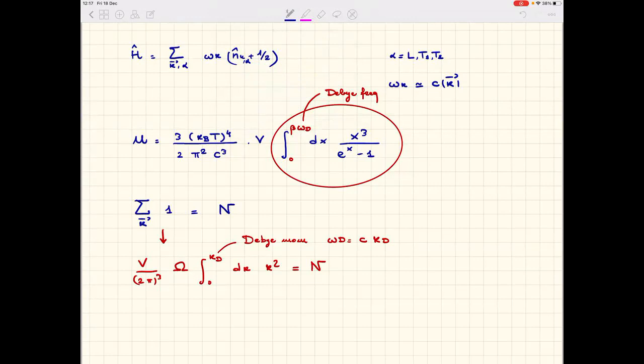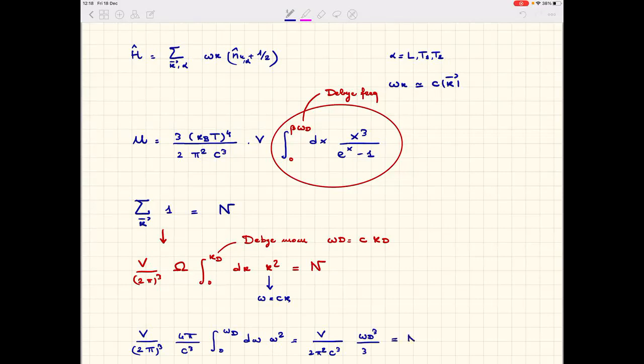I can make a change of variables and define omega as c times k, in which case this integral can be written as V over (2 pi) cubed times 4 pi over c cubed, and then the integral between 0 and omega_D of d omega omega squared, which is equal to V over 2 pi squared c cubed times omega_D cubed over 3.